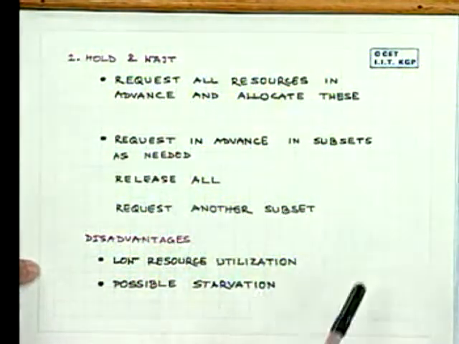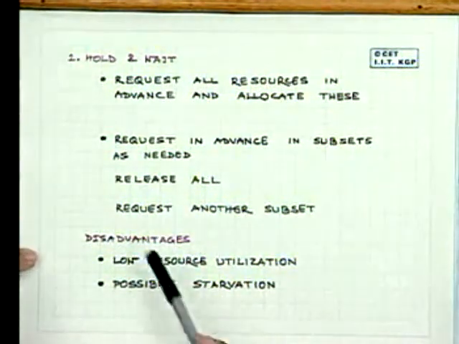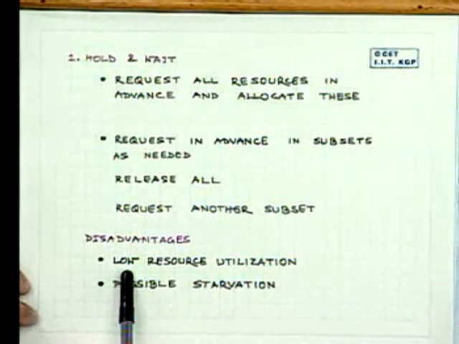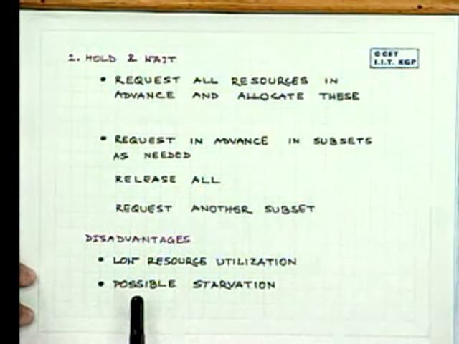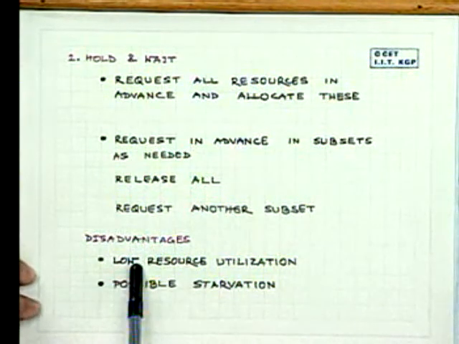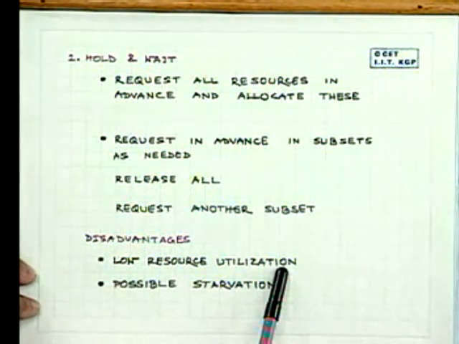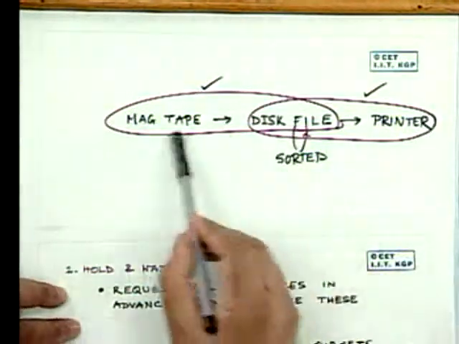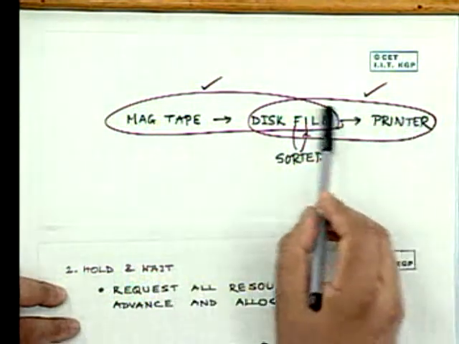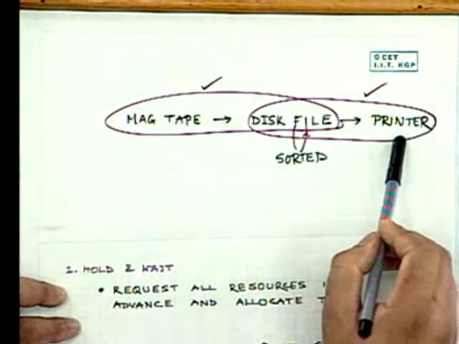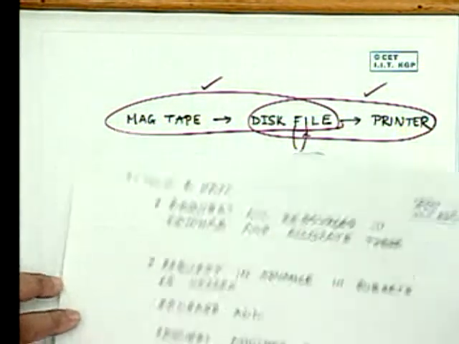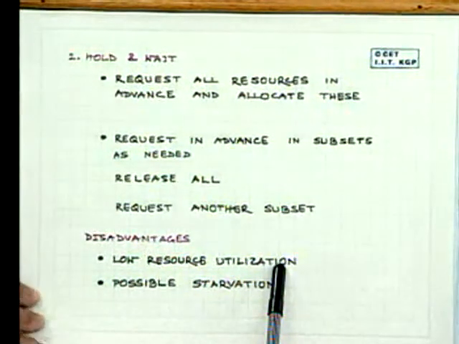This is important. Now, naturally, you see that hold and wait is essentially a conservative technique of preventing deadlock, and it mostly will lead to low resource utilization, because, for example, the Mac tape or the printer may not be needed for the entire period, yet they will be held by the process till released, and therefore resource utilization will be low.